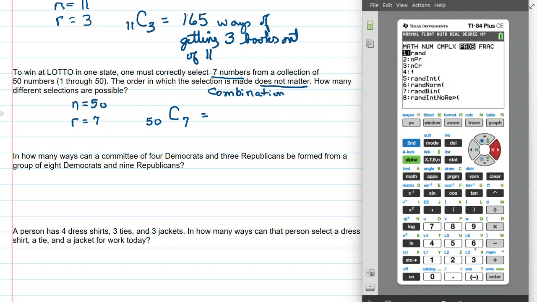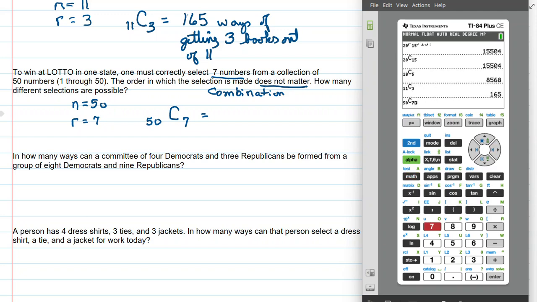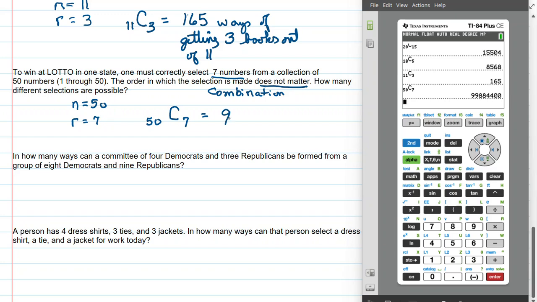It's going to be a big number. 99,884,400 ways to do that. All right. So that's how many groupings of size 7 we can get from a pool of 50 numbers.